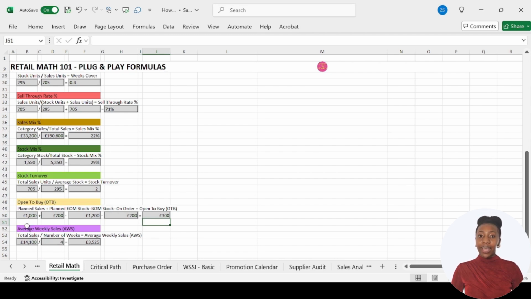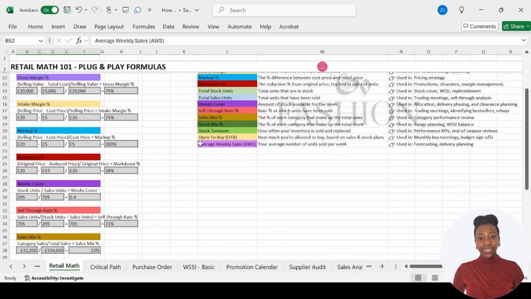Lastly, we have your average weekly sales. And so your average weekly sales are the average number of units sold per week. That's a nice simple formula. It's used in forecasting and delivery planning. And so also it's used in things like cover.